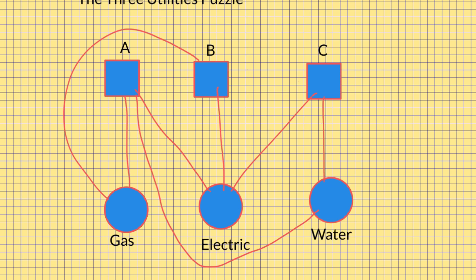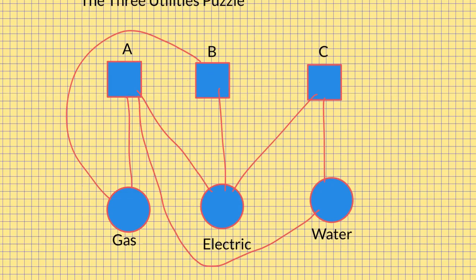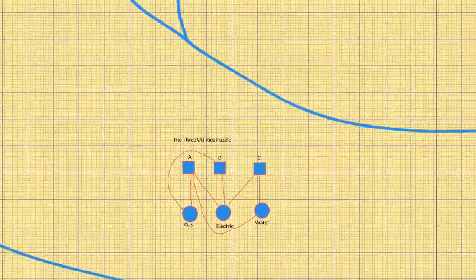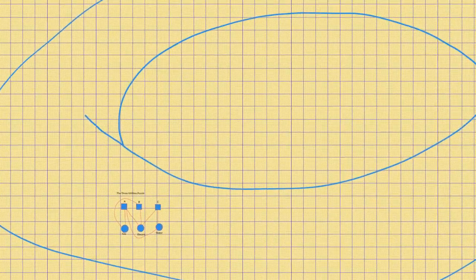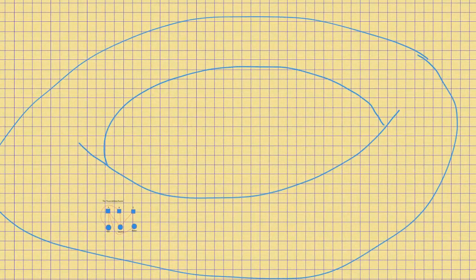C can't connect to gas without closing off B from water, and vice versa. But, as I said, if we constrain ourselves to a plane, we can't do it. But what if we're on a torus? Better known as a donut or a bagel.